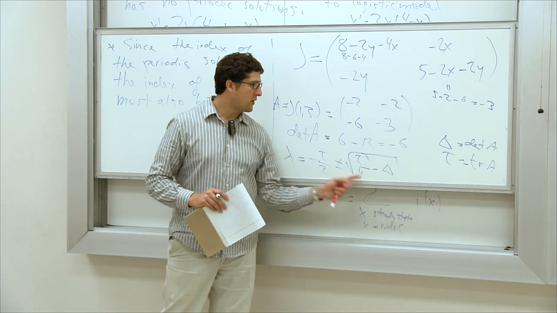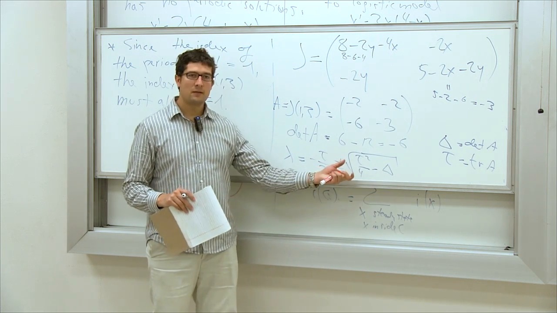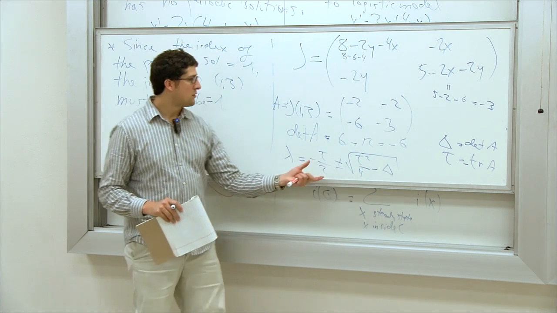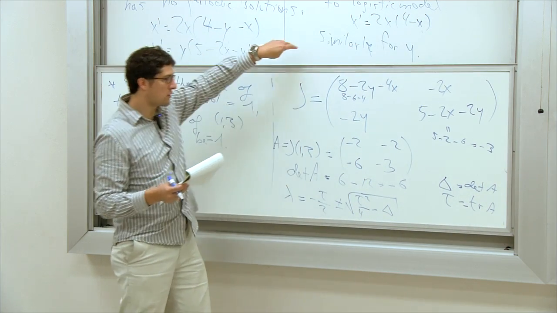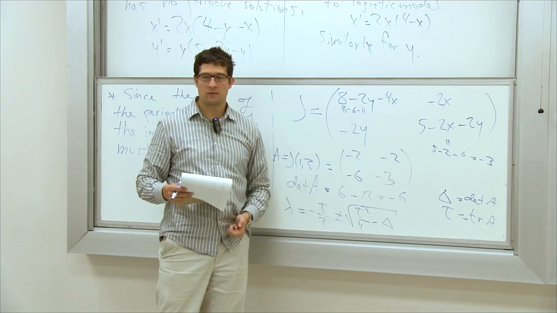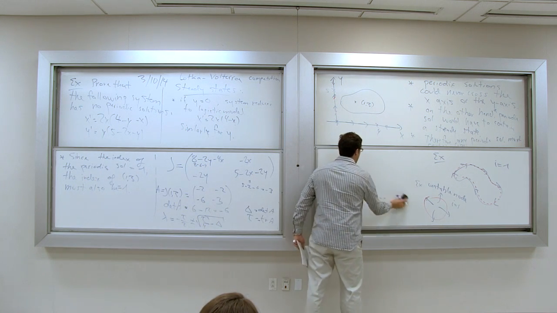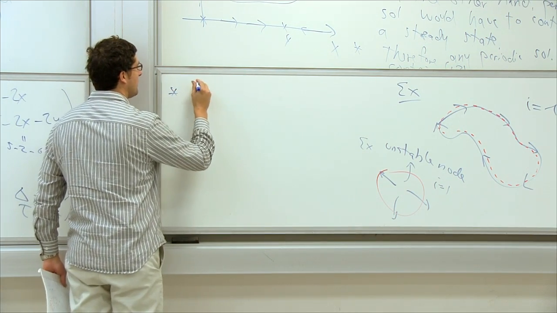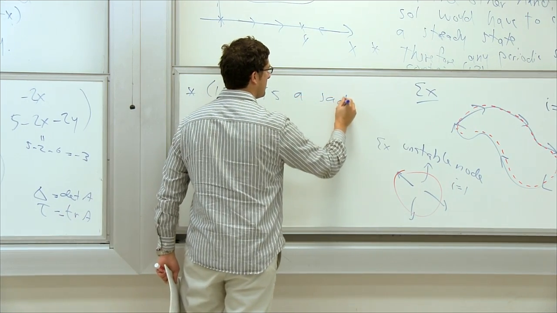So that means that this number here is real and is bigger than this. So you can subtract it or add it, and you get a positive eigenvalue and a negative eigenvalue, right? So bottom line is that this thing is a saddle. Or you can also do a more thorough analysis where you simply find the eigenvalues of this matrix. Either way, we conclude that 1, 3 is a saddle.